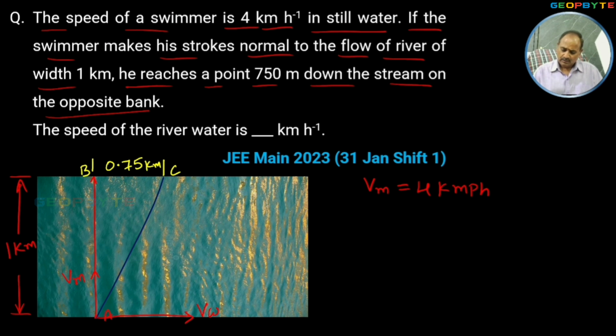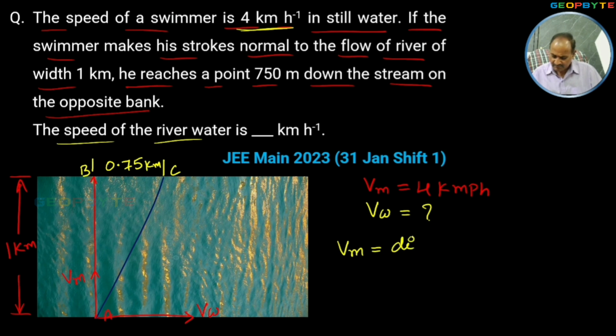Now, what is the river water speed? What is the water speed in the river? When the water is at rest, the speed of the man equals distance traveled divided by the time taken.